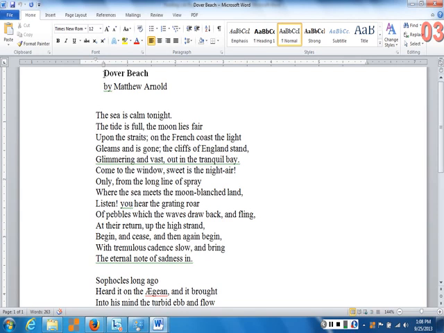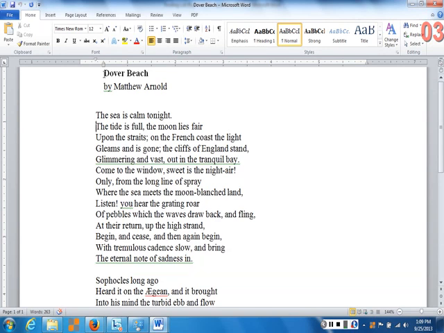Only from the long line of spray where the sea meets the moon-blanched land, listen. You hear the grating roar of pebbles which the waves draw back and fling at their return up the high strand, begin and cease, and then again begin with tremulous cadence slow, and bring the eternal note of sadness in.